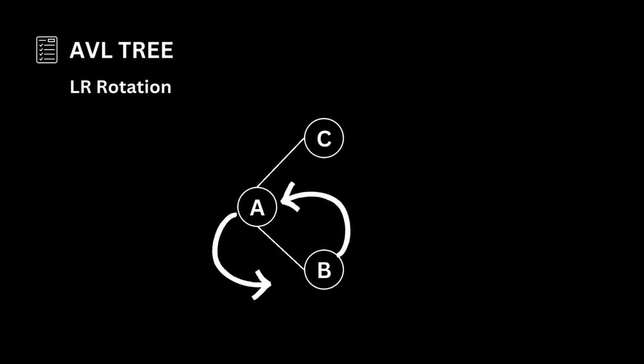By doing RR rotation, node A has become the left subtree of B. After performing RR rotation, node C is still unbalanced, that is having balance factor 2, as the inserted node A is in the left of C.